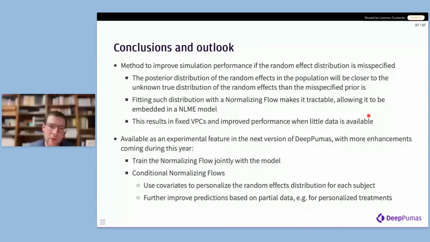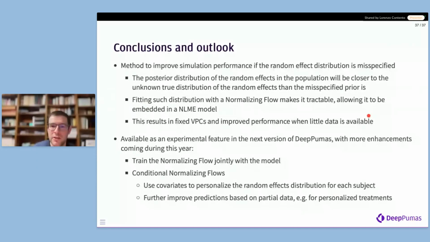And this mapping is not one-to-one, one covariate value to one random effect value, but maps one covariate value to a distribution of possible random effects values. So in the case where a one-to-one mapping is not possible, this should better learn the actual variability that is present in the training population.